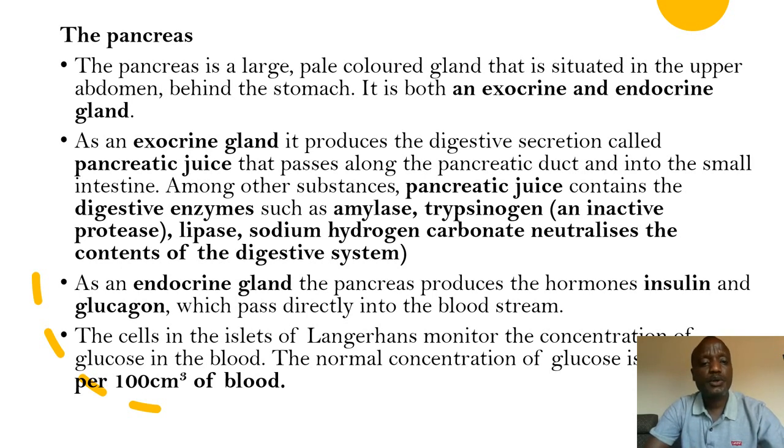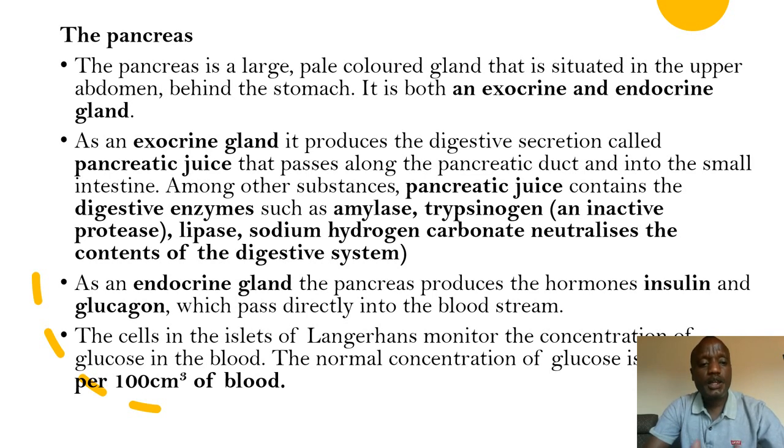A good example is pancreatic juice that passes along the pancreatic duct and into the small intestine. Among other substances, pancreatic juice contains digestive enzymes such as amylase, trypsinogen, which is an inactive protease, and sodium hydrogen carbonate, which neutralizes the contents of the digestive system.